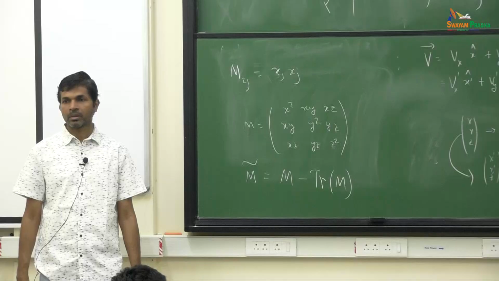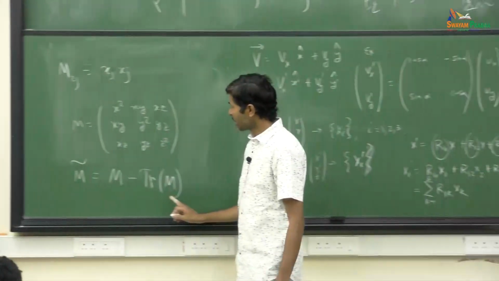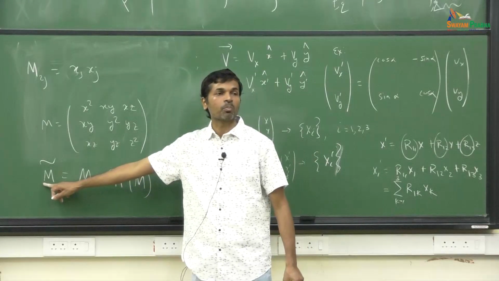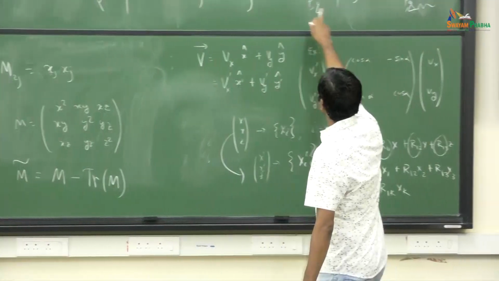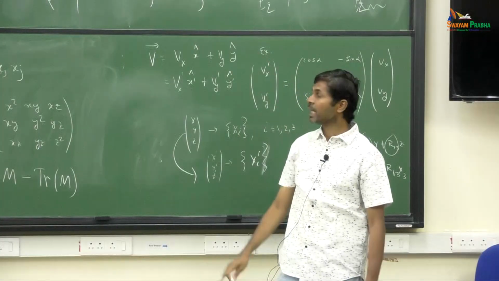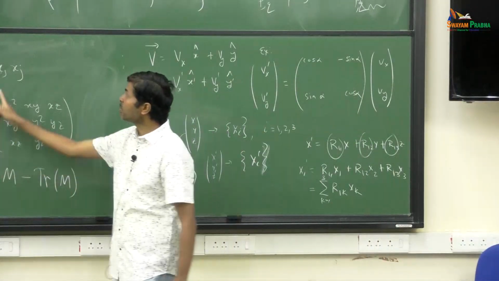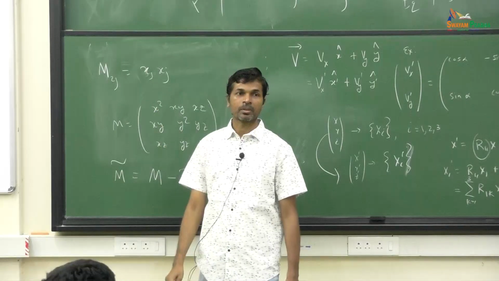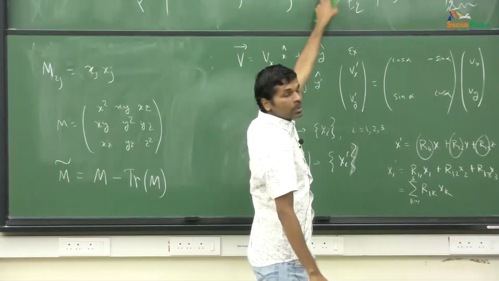Because this is invariant, the components Mij of this quantity will also, under a rotation, transform exactly this way. But M tilde cannot be expressed like this. You cannot write it in this form. So not all tensors can be expressed in this way.